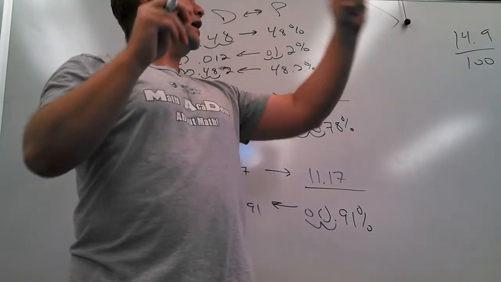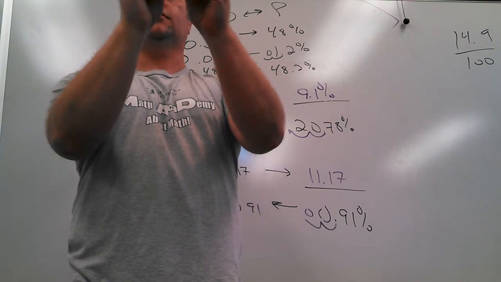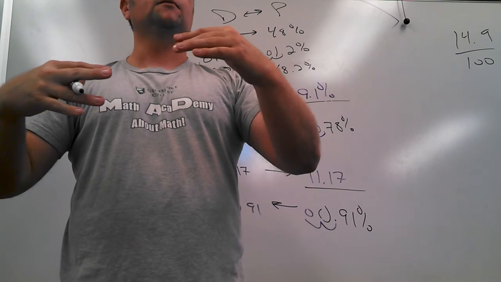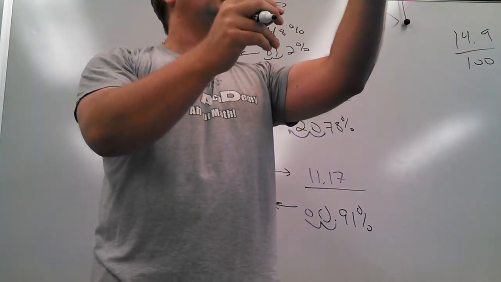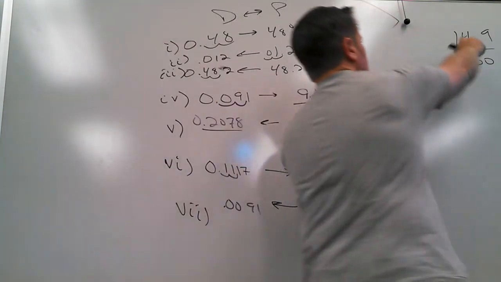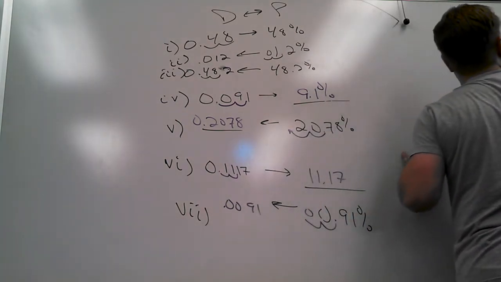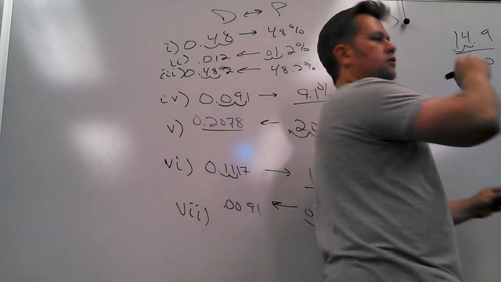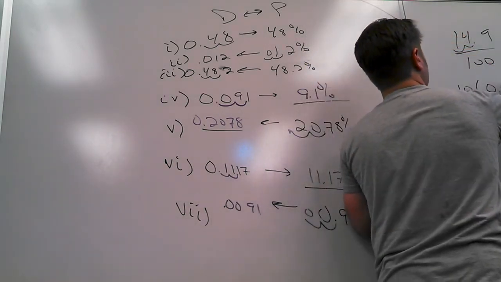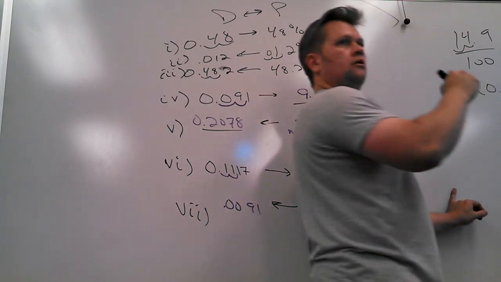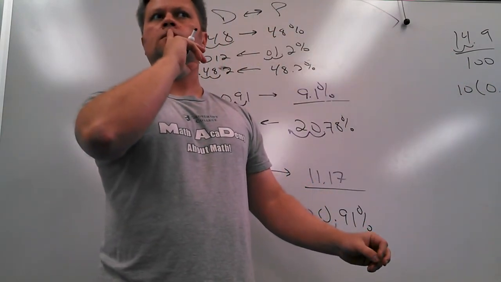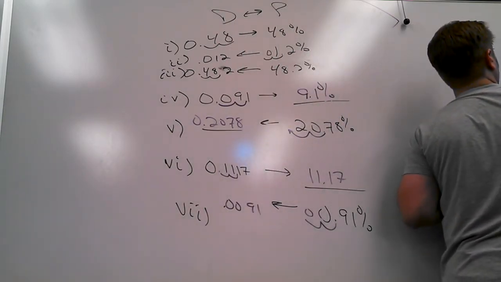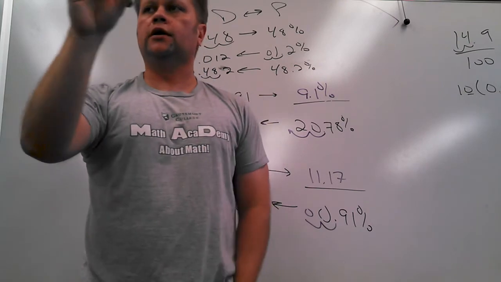So when I divide by 100, the decimal place moves twice back. It makes it smaller because I'm dividing by 100. You with me? When I multiply by 10, I just have to move the decimal once, make it a little bit bigger. So this would become 149, yeah. So if I had 10 times 0.027, what would that be? 0.27. Good. You move it once, bigger.